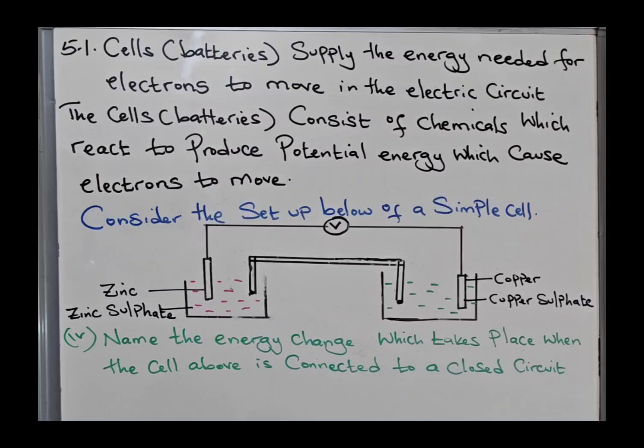Inside the cell we have chemical energy, or chemical potential energy. So when connected to the circuit, the chemical potential energy is converted to electricity. Electricity is electrical energy. So the energy changes from chemical potential energy to electrical energy.